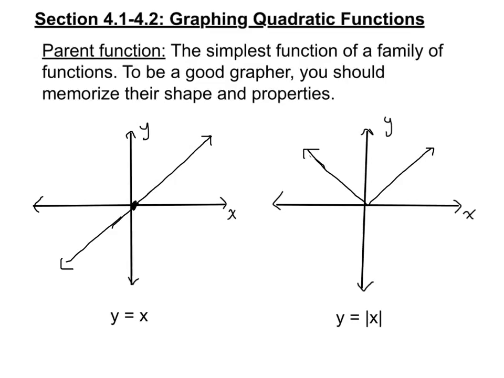And that's the parent function of absolute value. So my point is that all the other types of equations that you can make for absolute value and for lines can be made by transforming y equals x or y equals the absolute value of x. Granted, for these type of lines, you could have a horizontal or vertical line, which will be a slightly different equation format. So now let's look at quadratics.